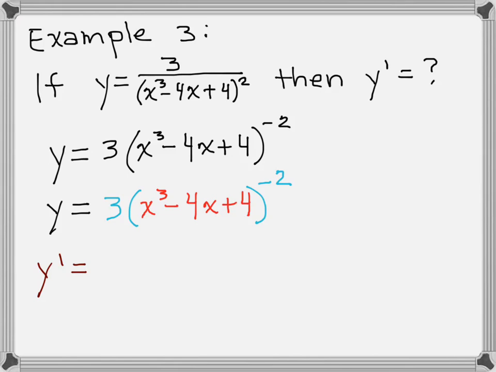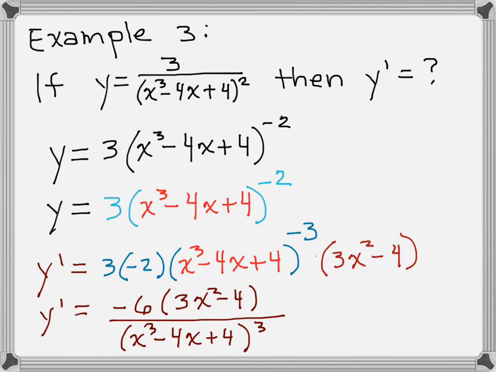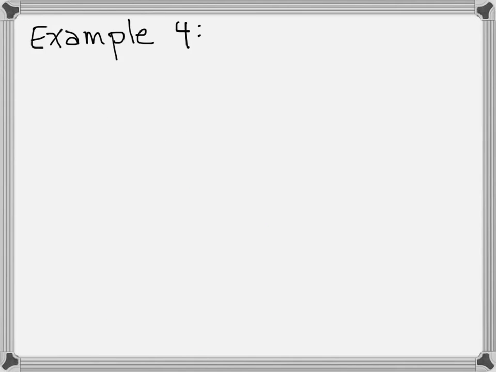Then we can take the derivative, first by doing the outer function, with the inner function not changing, but in this step we use the derivative of the inner function. And we can simplify that to get -6 in the numerator, polynomial expression in the numerator, and the cube in the denominator.